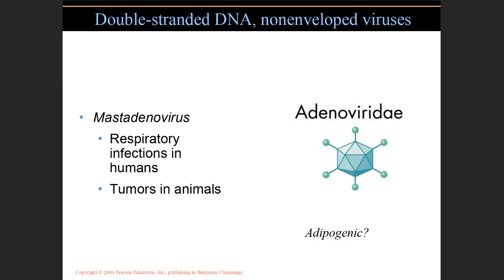And so there is some evidence that there are certain strains of adenoviruses that in certain people, if they get infected with them, it causes those people to gain weight. This was a very interesting study that was done a while ago, where they noticed that certain patients who were overweight or obese also had been infected with a certain type of adenovirus.